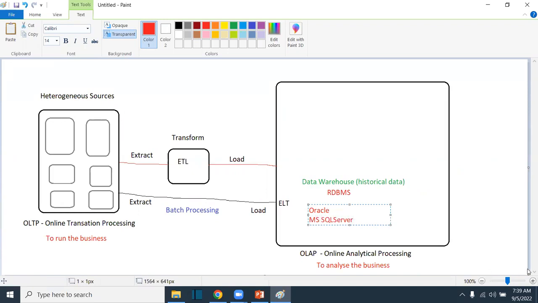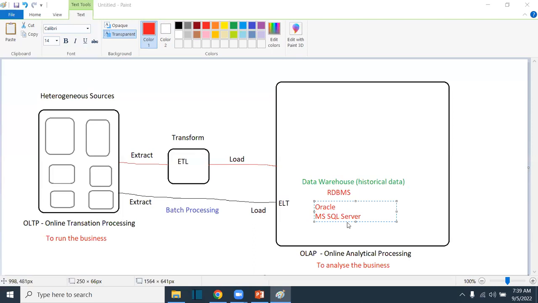Even on the source side, they will use this kind of RDBMS, and even in the cloud system, in Amazon, we have RDS, the Relational Database Service. You can create Oracle and SQL Server instances on the cloud also.